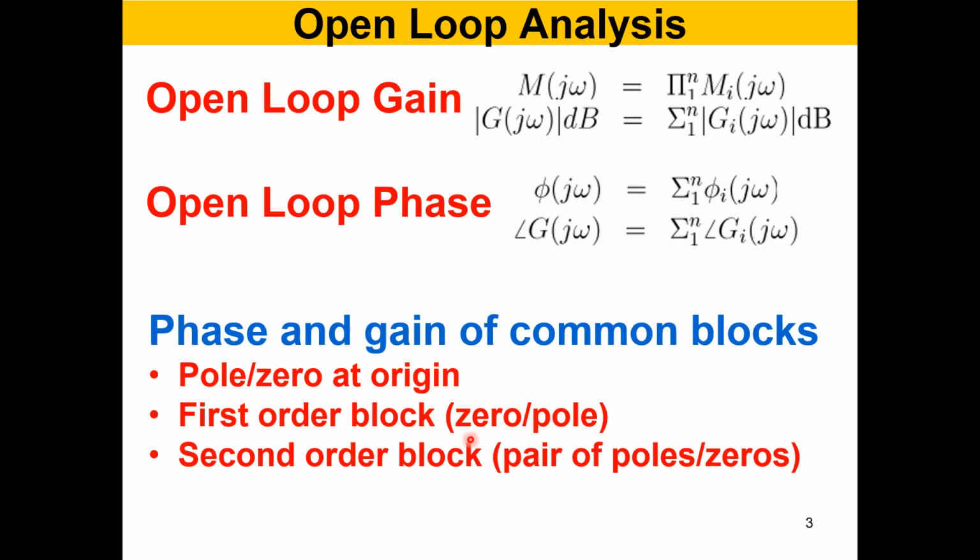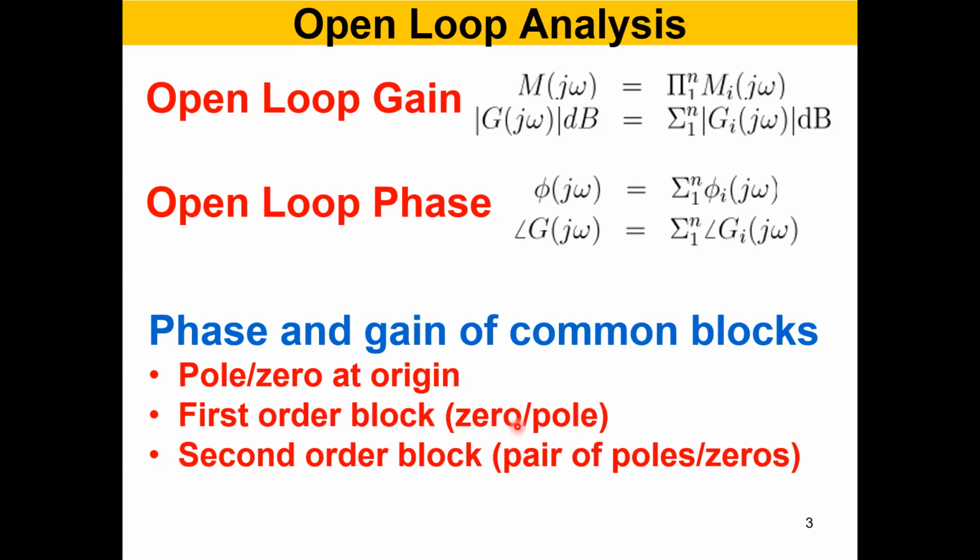For example, if you have S plus 5 in the numerator, it is a zero at minus 5. If you have S plus 5 in the denominator, it is a pole at S equals minus 5. So that is the first order block.